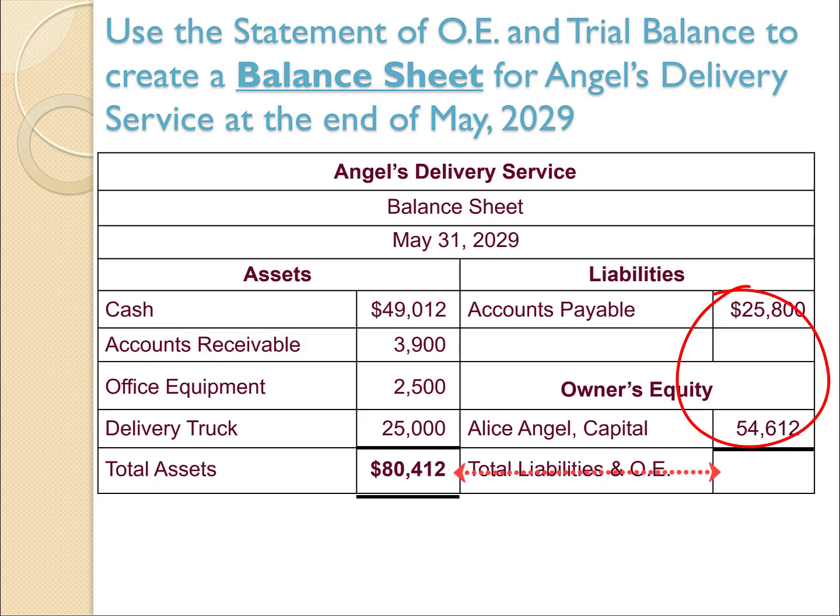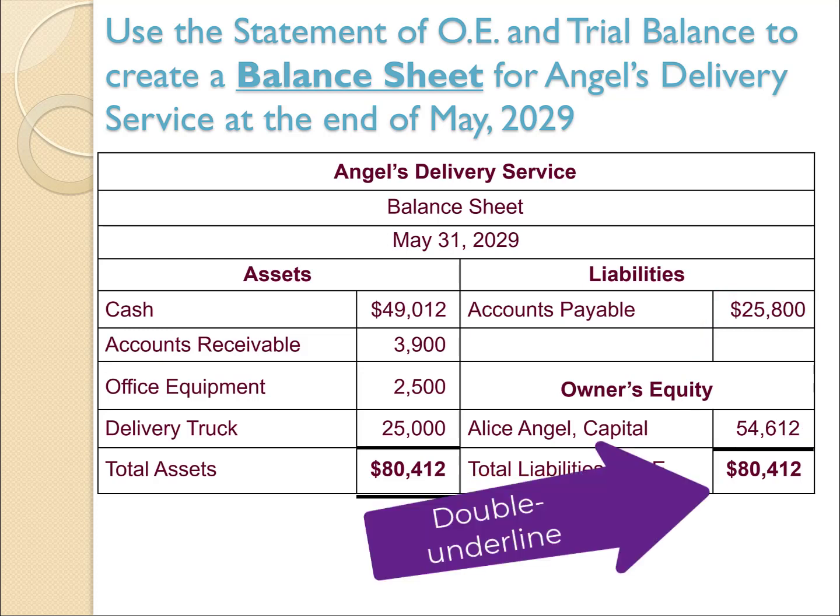So when you add those up, do they balance? Yes. So assets, 80,412 equals liabilities plus owner's equity of a total of 80,412. Now we're done with this right column, so at the very bottom we put a double underline. And again, the double underlines and the dollar signs are just minor formatting issues. There's no need to memorize those.